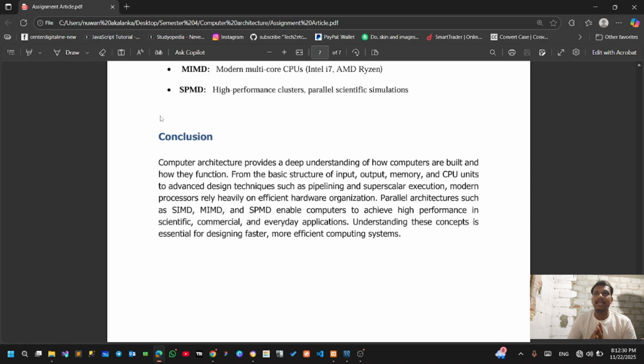Modern processors rely heavily on efficient hardware organization. Parallel architectures such as SIMD, MIMD and SPMD enable computers to achieve high performance in scientific, commercial and everyday applications. So understanding these concepts is essential for designing faster, more efficient computing systems.